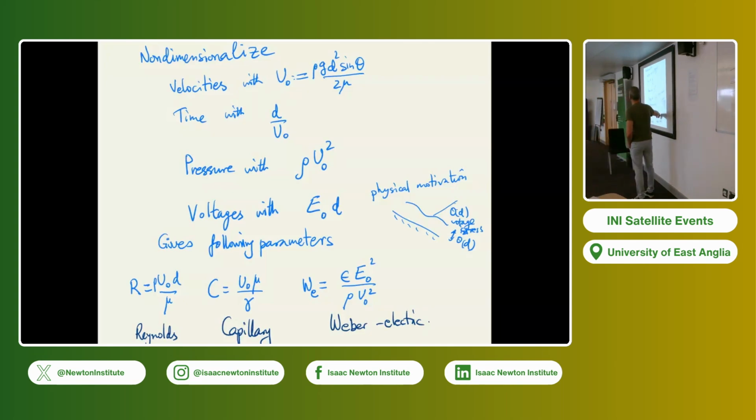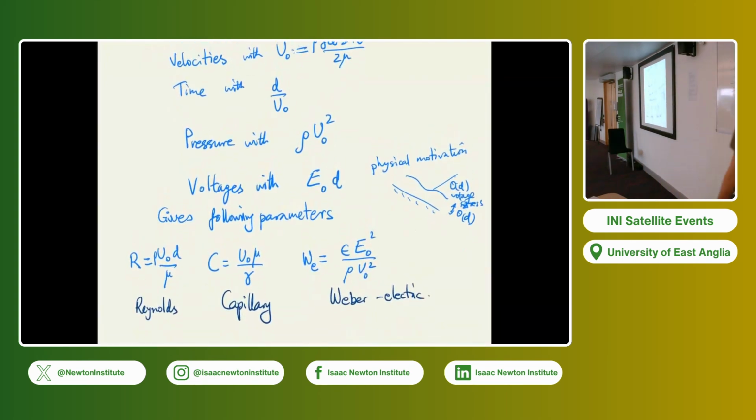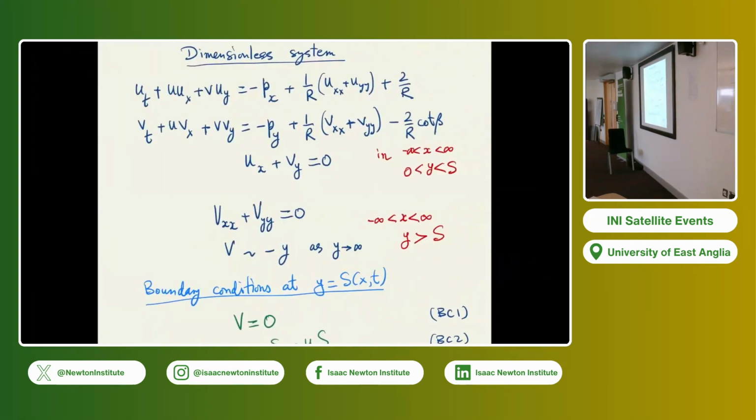Once I do that, I end up with some dimensionless numbers. These are the Reynolds number, a capillary number, and then an electric parameter that measures the strength of the electric field. So these come out naturally, and we will see them in the dimensionless equations, which are given here. R is the Reynolds number, so this is the x momentum, y momentum, continuity of mass, and this is the electric field.